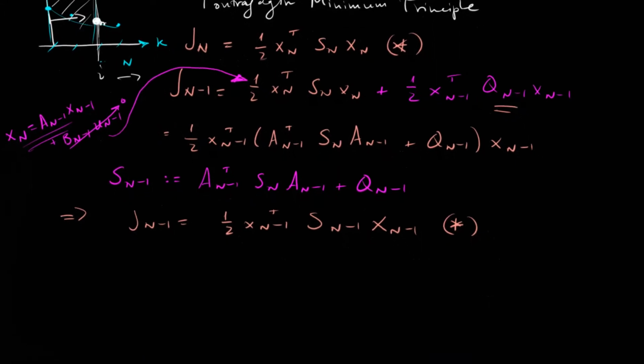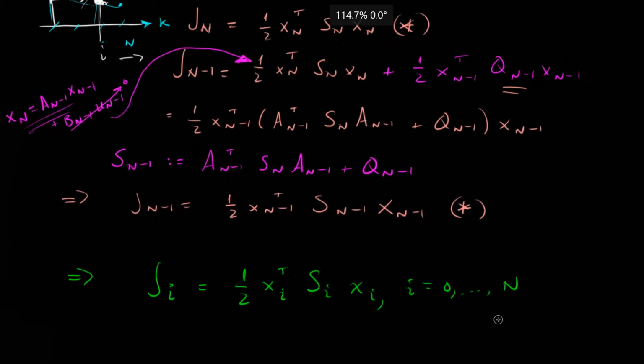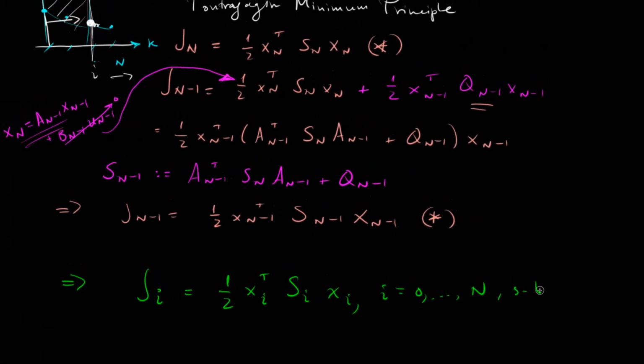So in fact, we can generalize this. And we can say, without loss of generality, that J_i is equal to 1/2 x_i transpose S_i x_i, for i equals 0 to n, such that S_i is equal to, now we just generalize this guy right here, S_i is equal to A_i transpose S_{i+1} A_i plus Q_i.